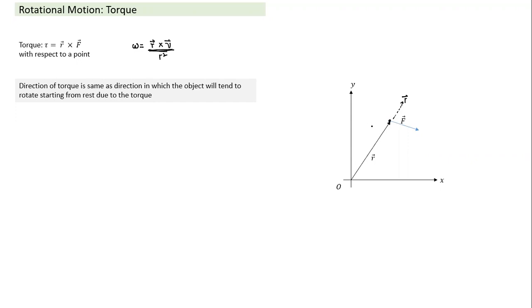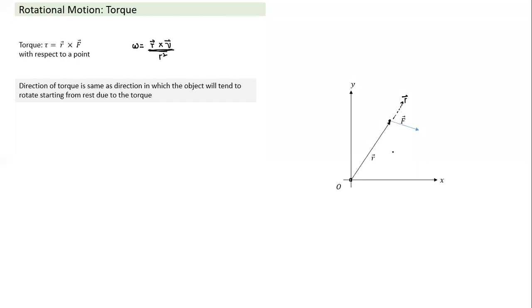Or another way to understand it: suppose the force acts here and this is a rod, always visualize the r vector and clockwise and anti-clockwise. Just think of this as the arm of a watch or clock. This is the fixed point. If the force acts here, is this arm turning in the clockwise direction or anti-clockwise?